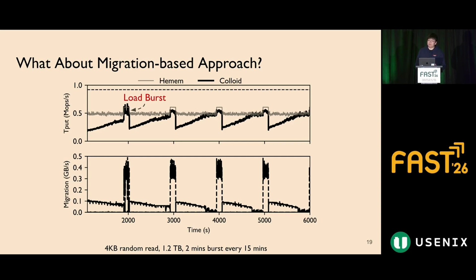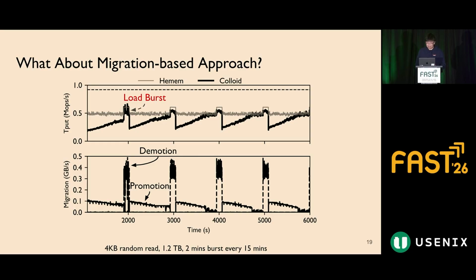The reason is migration, which is shown in the bottom graph. During the load burst, we can see a burst of demotion traffic in Colloid that is trying to migrate blocks down to the capacity tier. During this period of time, because of this migration traffic, the application performance decreases. After the load burst ends, because Colloid has already migrated some data down to the capacity tier, it needs to migrate the data back to the performance tier in order to get the low latency of the performance tier.